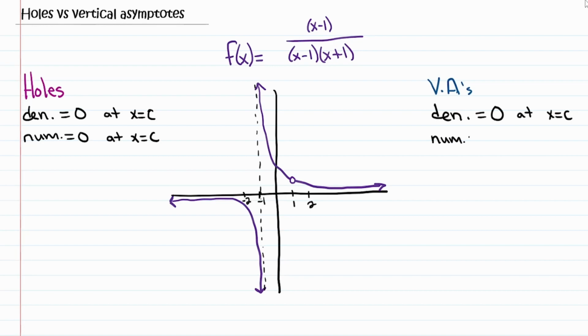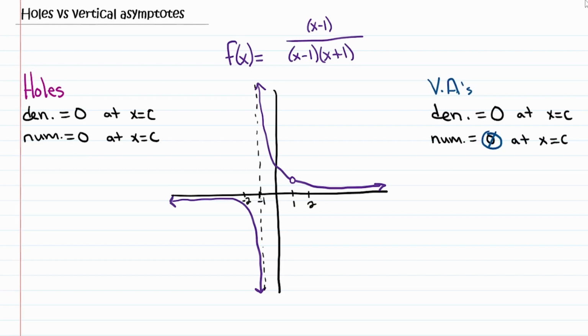So our numerator does not equal 0. So we'll put a big cross over the 0. x equals c. We can tell the difference between these two when we're working with a problem algebraically, because if we can factor out that value, then it was a hole.